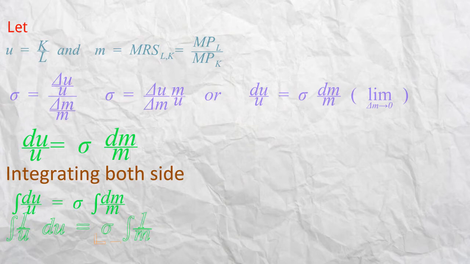We took elasticity of substitution here as constant. Now, the integration of 1 over U times dU is nothing but log U, and sigma times the integration of 1 over M times dM is nothing but sigma times log M plus log C, where log C is the arbitrary constant of our integration.